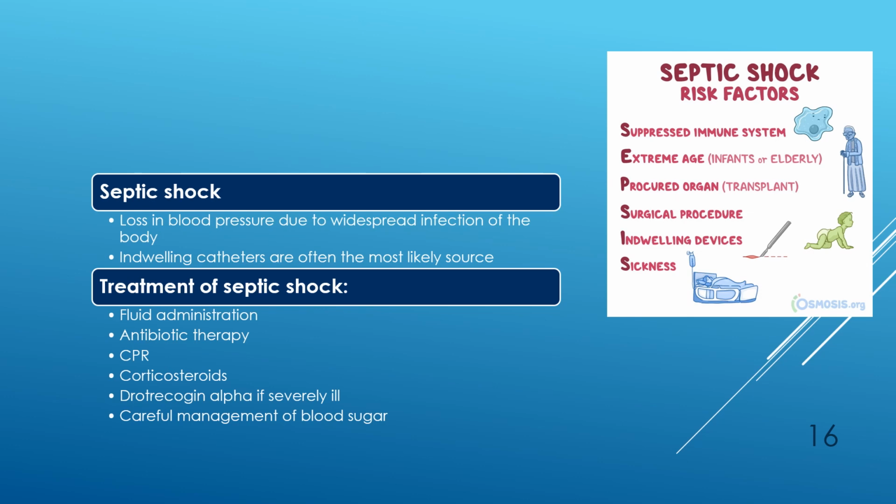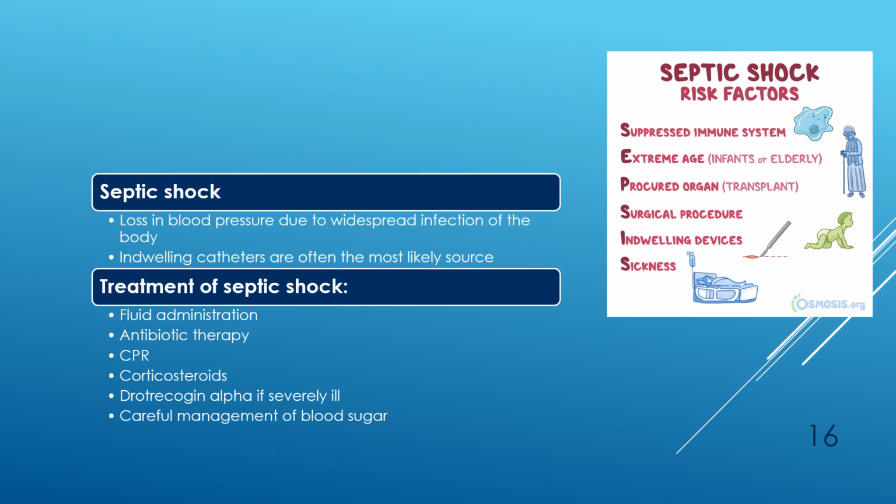What is septic shock? Septic shock is a widespread infection. It could be caused by viruses. It could be caused by bacteria. Once in a while, it's fungal in nature. What is the treatment option? Fluid administration, antibiotic therapy, and if the patient needs CPR, you give them CPR, and corticosteroids. Also, sometimes patients who are diabetic go into septic shock, so you really have to manage their blood sugar effectively.